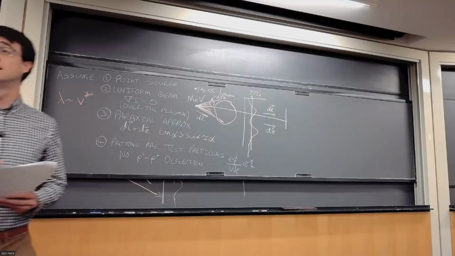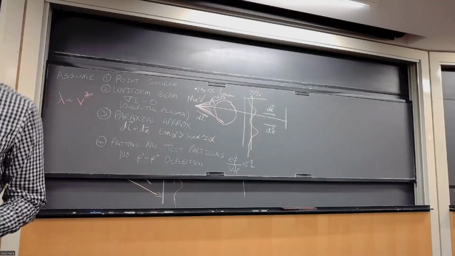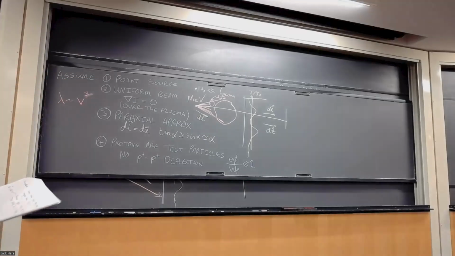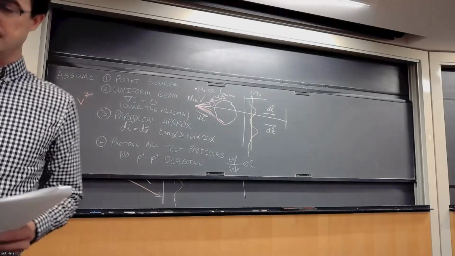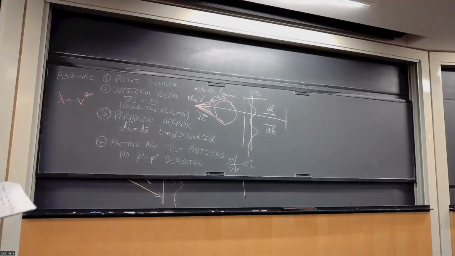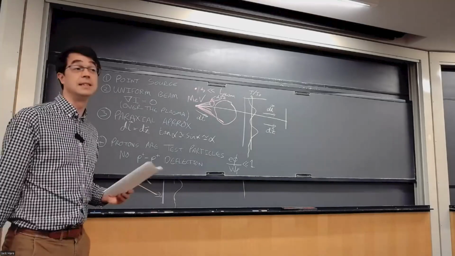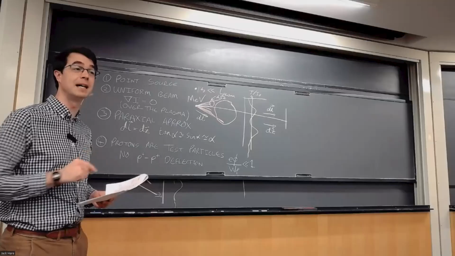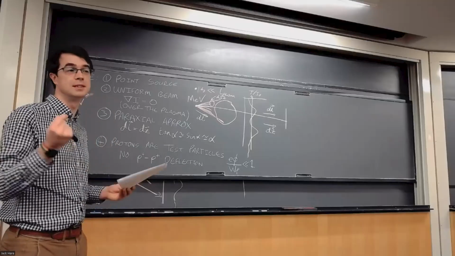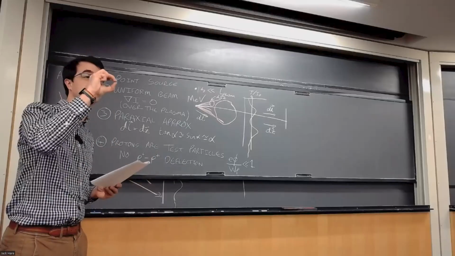So, another question. Yeah, it's very hard to make a collimated beam of protons. And when we talk about the generation mechanisms, they tend to make point sources or things with very small spot sizes.